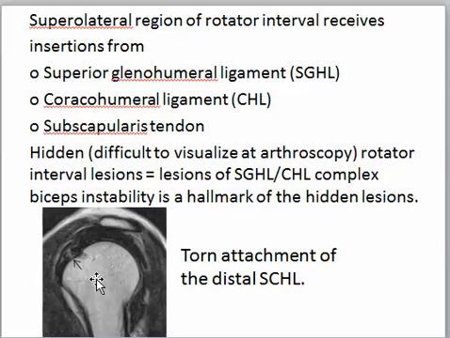Now, hidden means difficult to visualize at arthroscopy. A lesion of the superior glenohumeral ligament, which is here, or the coracohumeral ligament between the coracoid and the humerus, usually occurs as biceps instability.